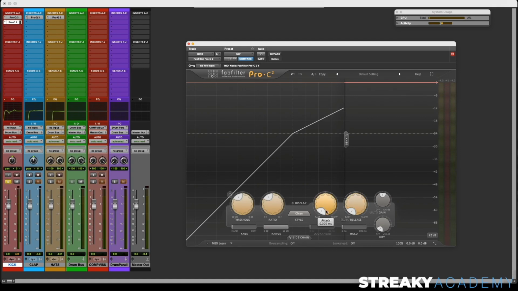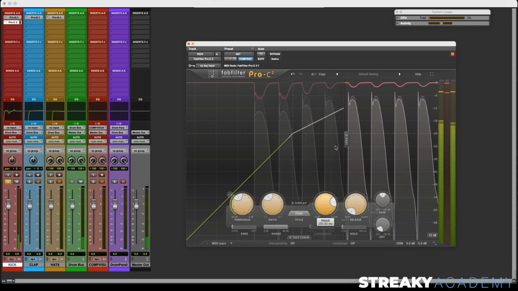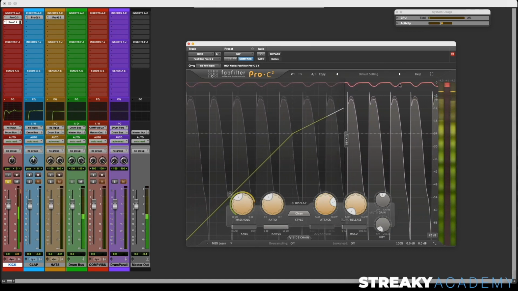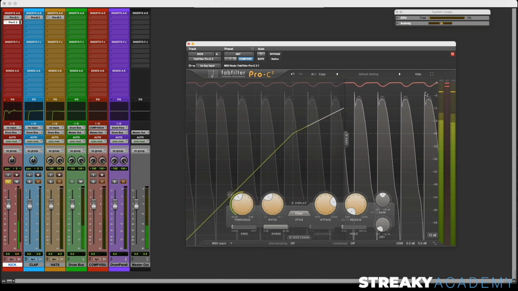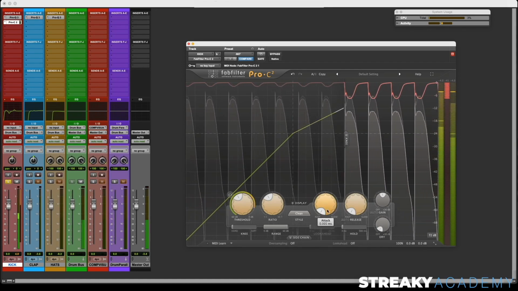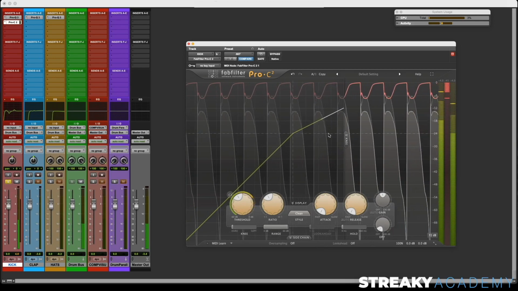If I slow the attack time, you'll see what it does as a visual representation of how long it will take to pull down to the relative ratio amount. As you can see here, this is represented by the initial pull down line. You can see it takes longer to go down in volume, meaning it doesn't fully hit its desired ratio amount.